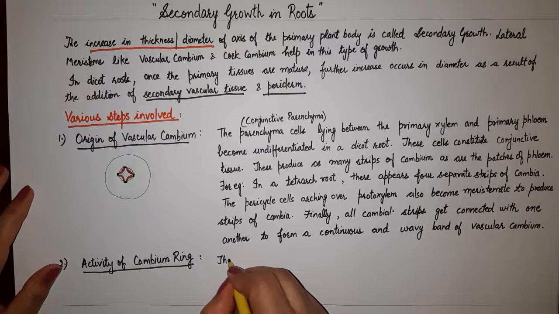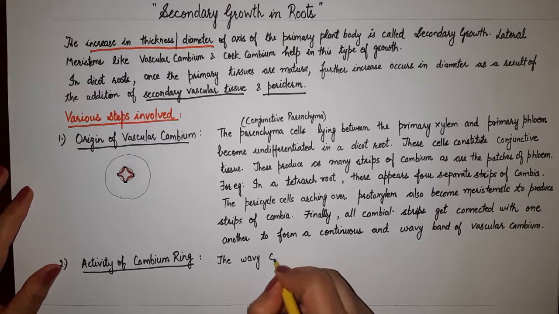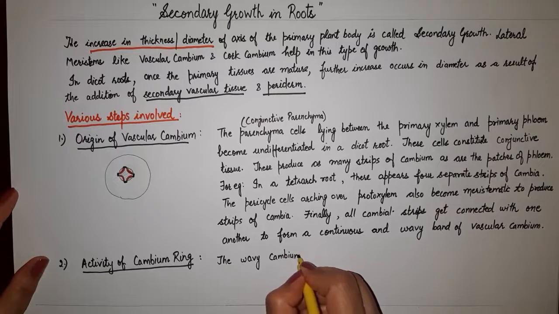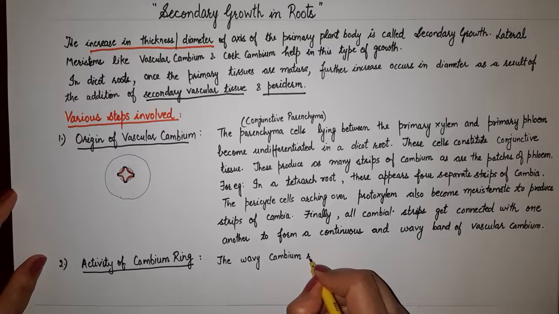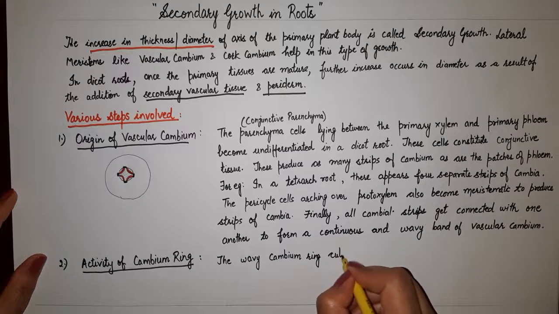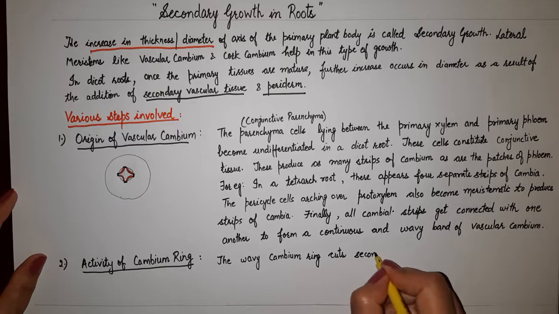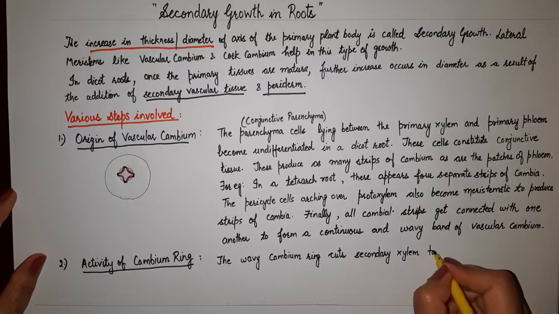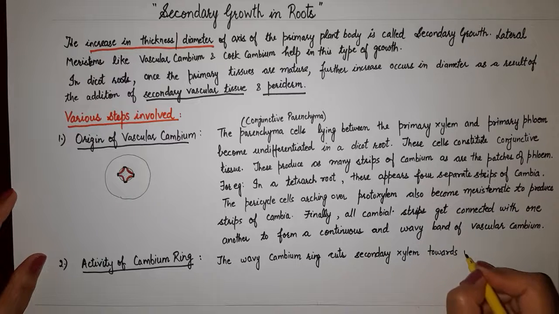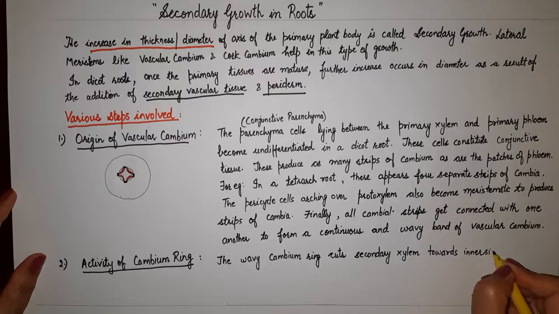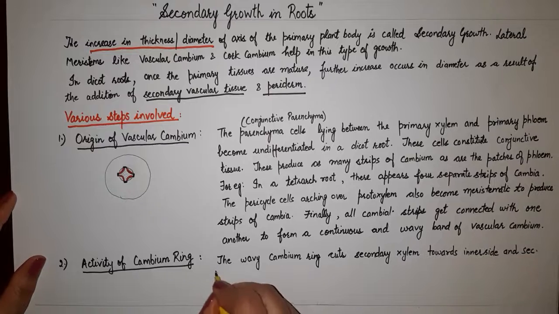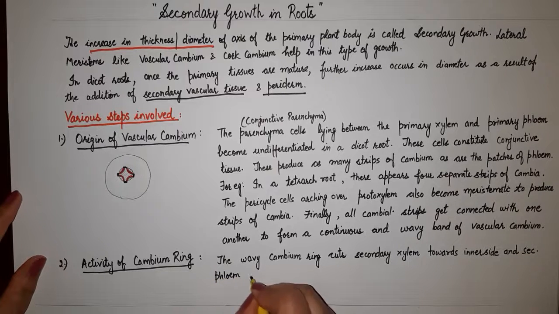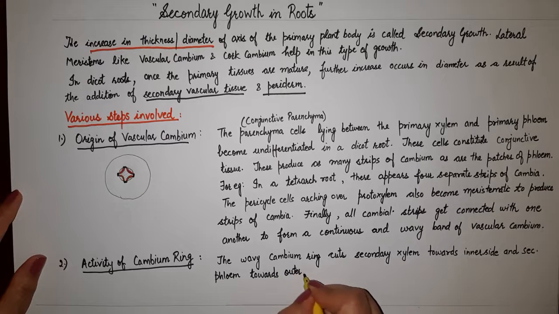So the wavy cambium, you can call it cambium or vascular cambium, ring cuts secondary xylem towards inner side and secondary phloem towards outer side.